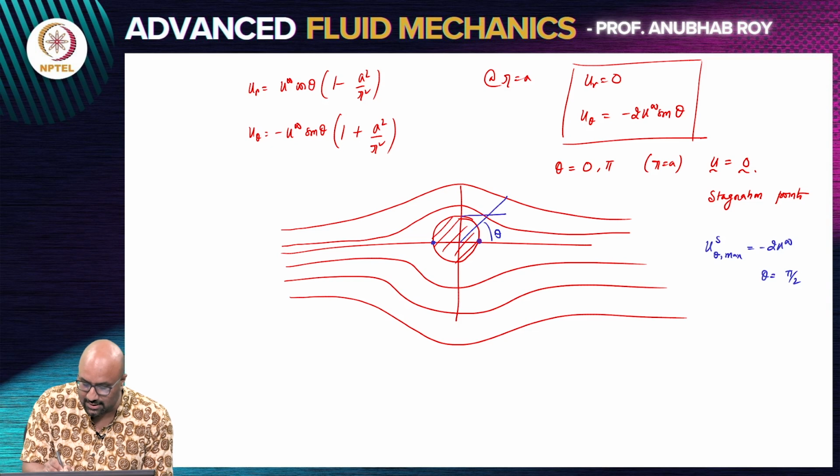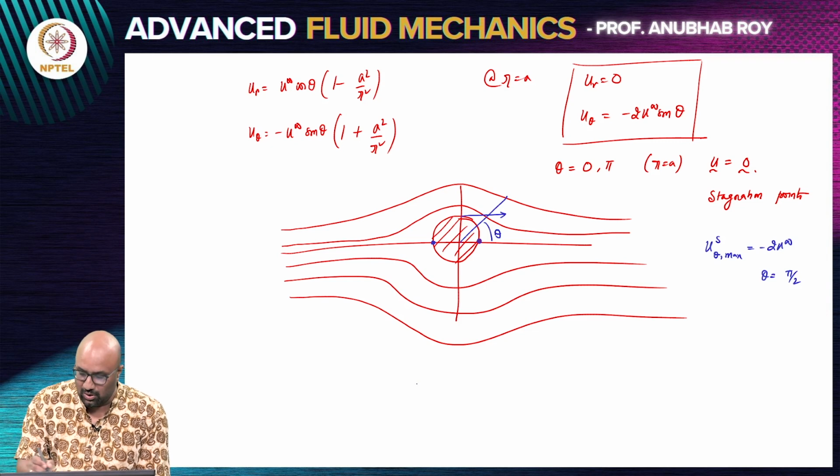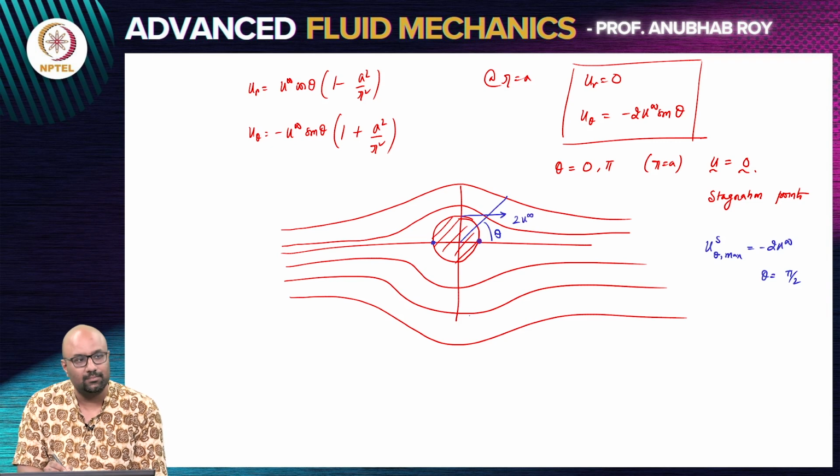It is along x, right? At theta equals pi by 2, U theta is nothing but Ux. U theta is minus 2 U infinity, which means Ux at that location is plus 2 U infinity.